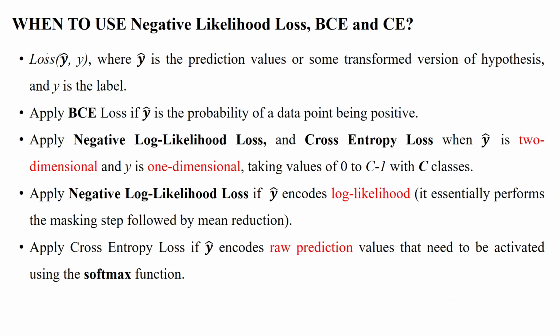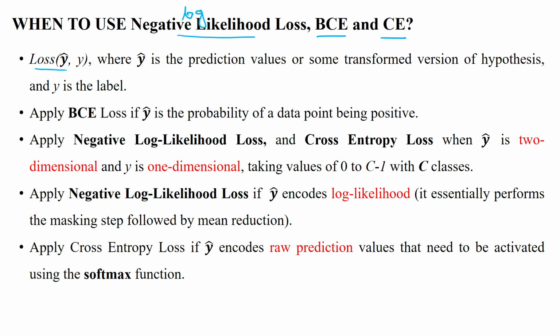Here we have different loss functions: the negative log likelihood, the binary cross entropy, and the cross entropy. So when can we choose these different kinds of functions for calculating the error?